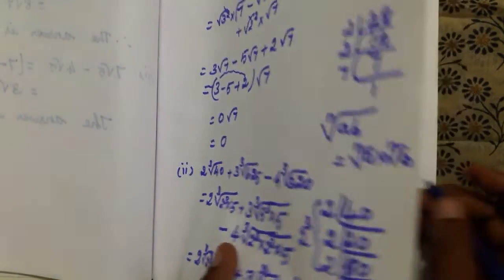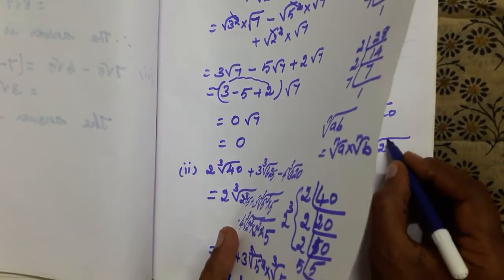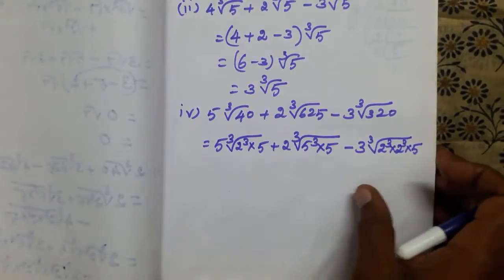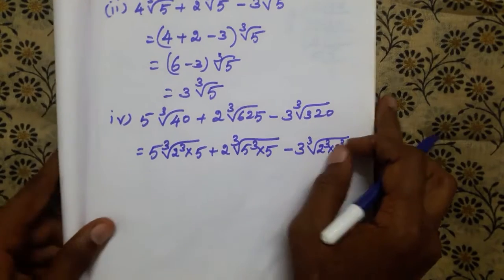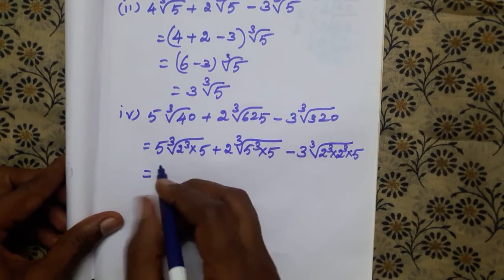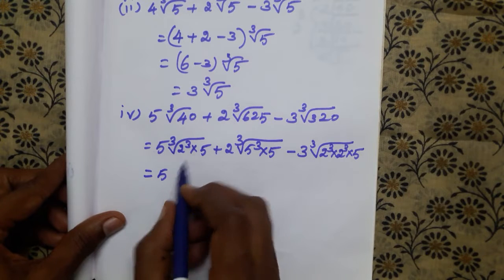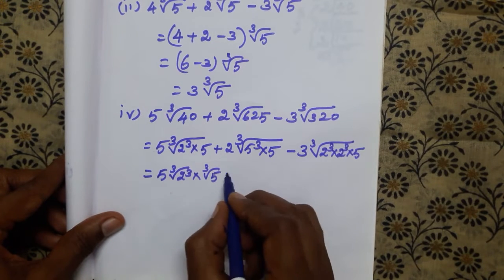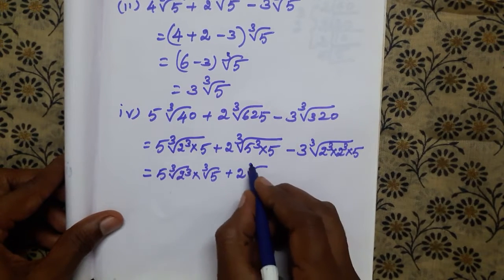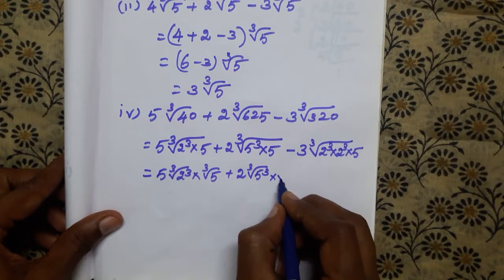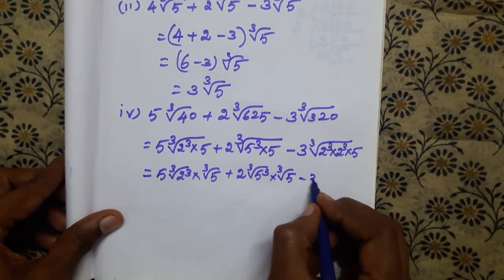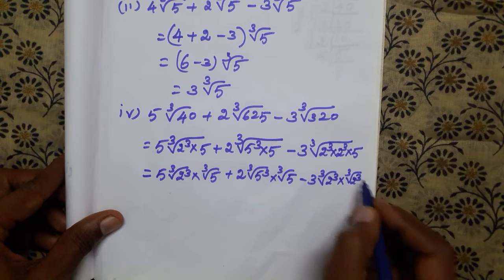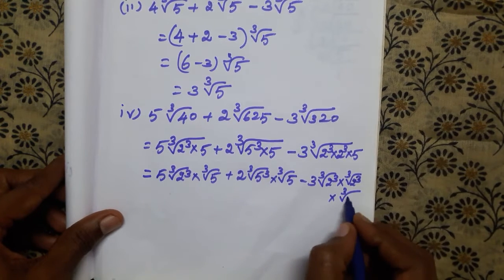320, how can we write? Cube root of 2 cube into 2 cube into 5. So it's equal to 5 cube root of 2 cube into cube root of 5 plus 2 into cube root of 5 cube into cube root of 5 minus 3 into cube root of 2 cube into cube root of 2 cube into cube root of 5.